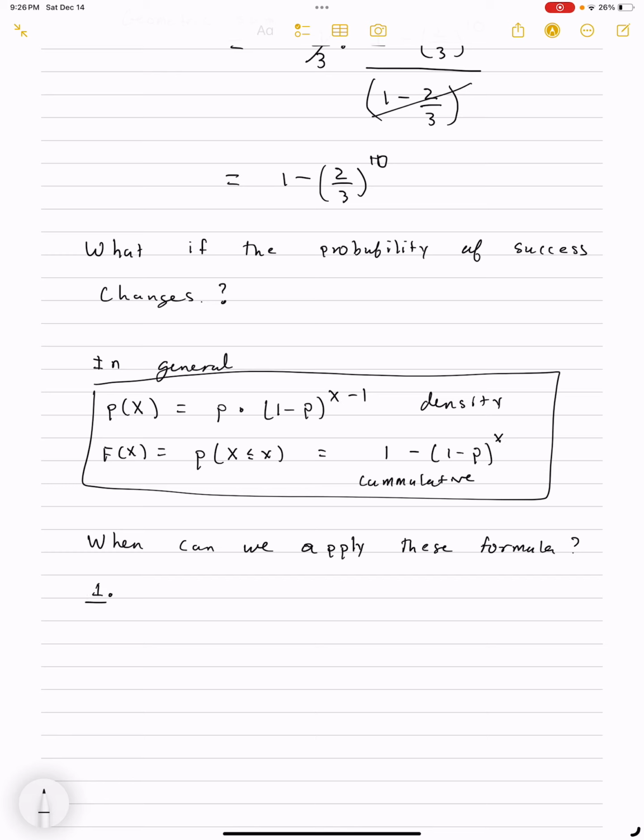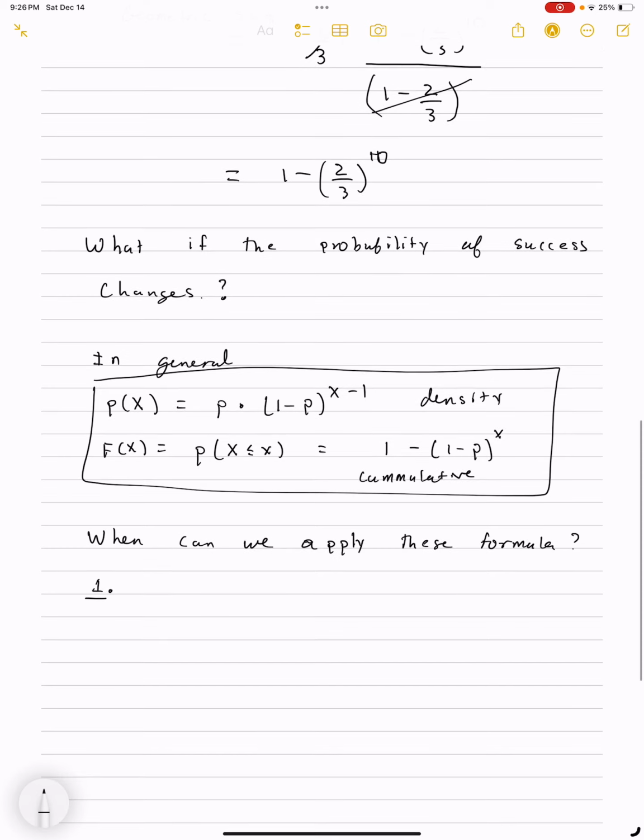One is that we need to have what's called a Bernoulli trial, which means, i.e., a success or failure outcome.